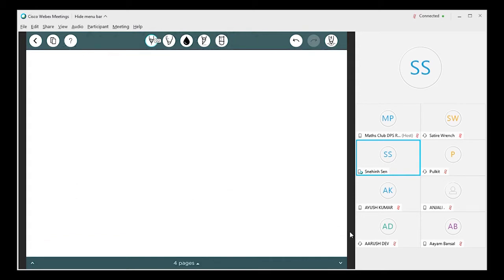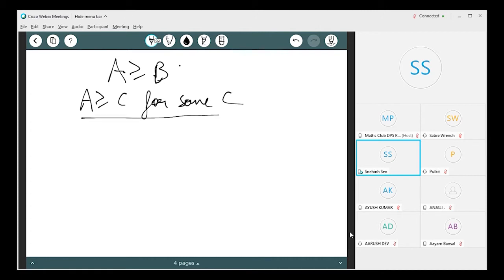For example, a very common error in this Olympiad situation, at least what I had seen: you are supposed to prove A greater than or equal to B. You prove A greater than or equal to C for some C. So having proved A greater than or equal to C, it should be sort of not equivalent, but easier if you can also show C greater than or equal to B. But this part might not be true. But sometimes we make mistakes over here.